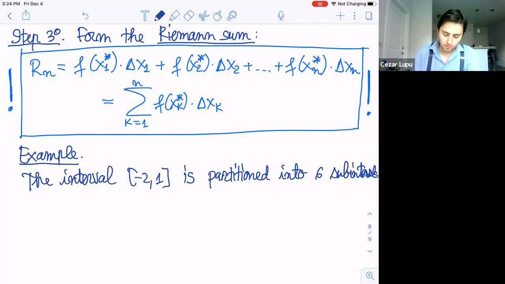So x naught is -2. And now the way we're going to partition is in the following way.